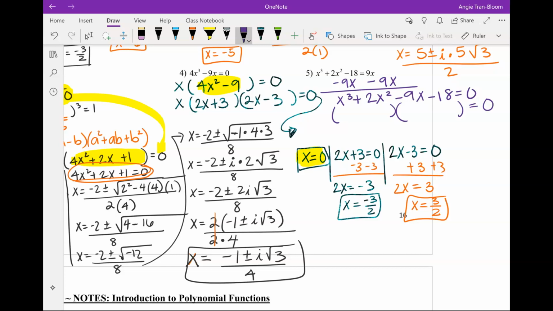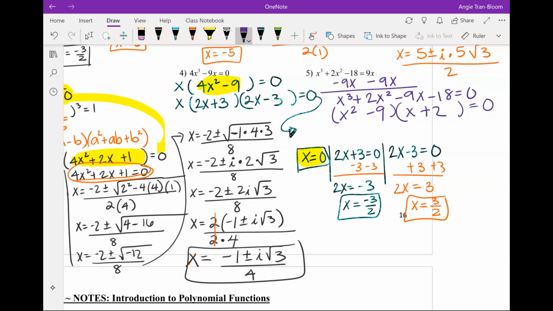Okay, what are your factors? X squared minus 9 and then x plus 2. Audrey S., can you confirm that for me?